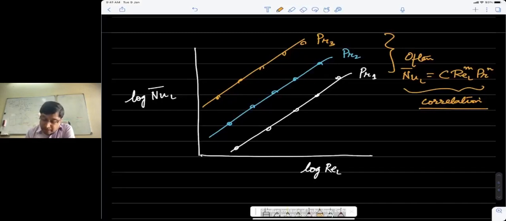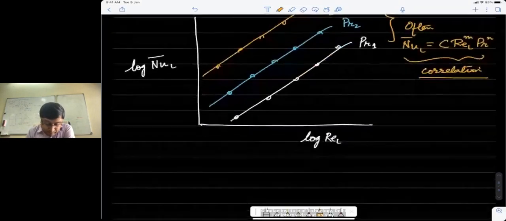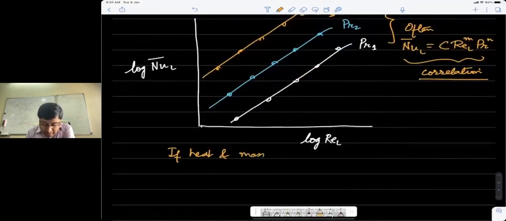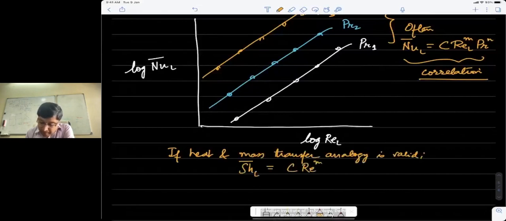If the heat and mass transfer analogy is valid, then I can also write Sherwood number as C Re to the power m times Schmidt number to the power n. So needless to say, we don't need to do the same experiments again for mass transfer now.